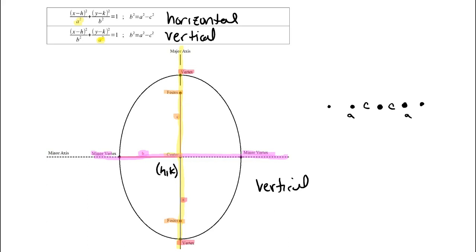Then going in the perpendicular direction, you'd have your minor axis vertices, and those would be a distance of B away from the center. Now remember I mentioned that A is always the longest, so I've drawn B to be closer to the center than A. And then you can see a horizontal orientation of the ellipse like that.